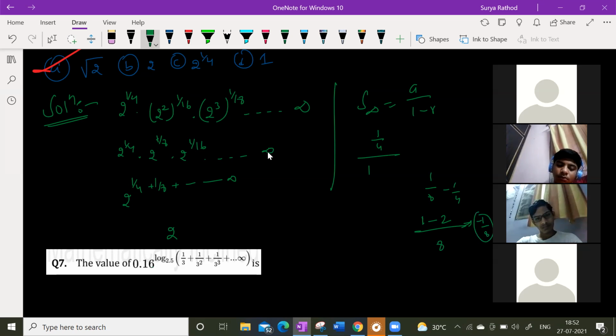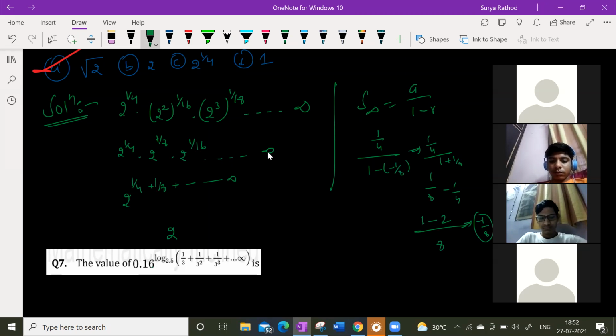So what did I get? 1 by 4 all divided by 1 plus 1 by 8. Calculate this. What are you going to get? I'll be remaining with 2 raised to the power of half.